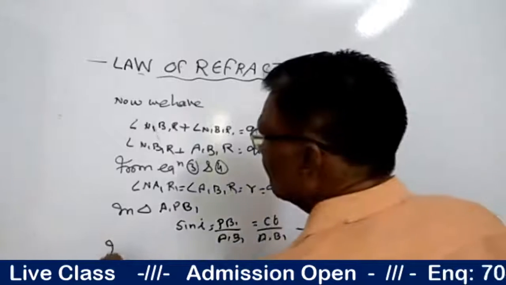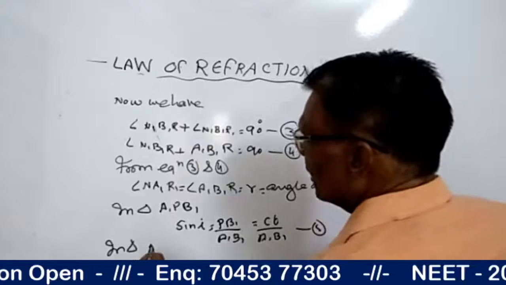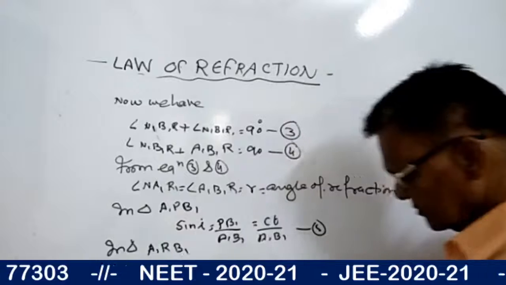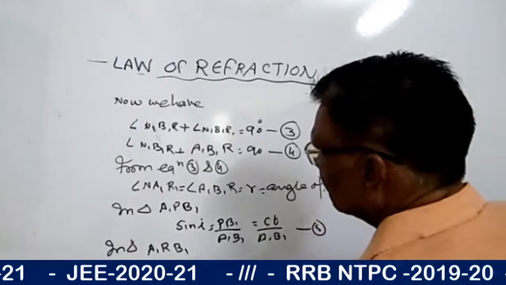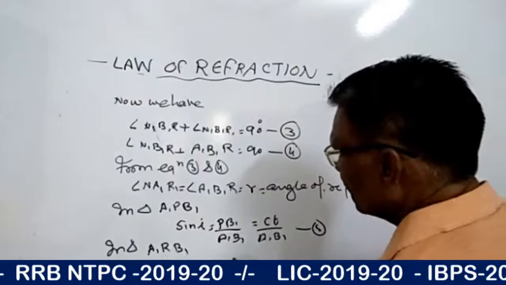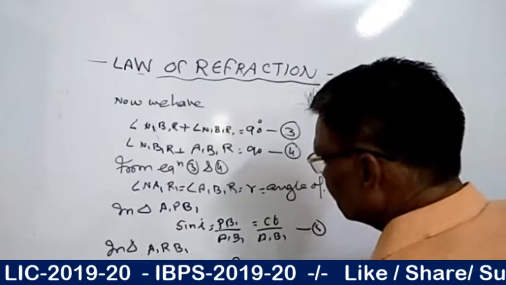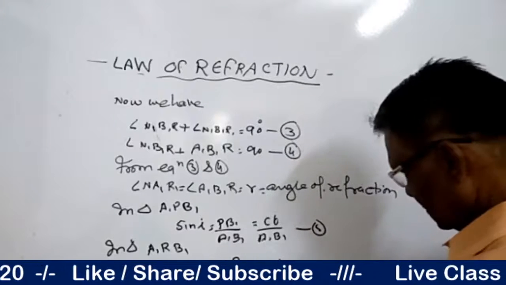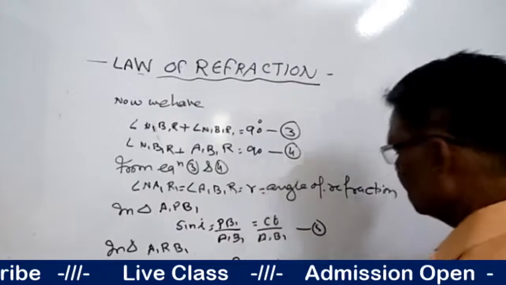And in triangle A1RB1, sin r equal to A1R upon A1B1 equal to C2t upon A1B1, that is 6.